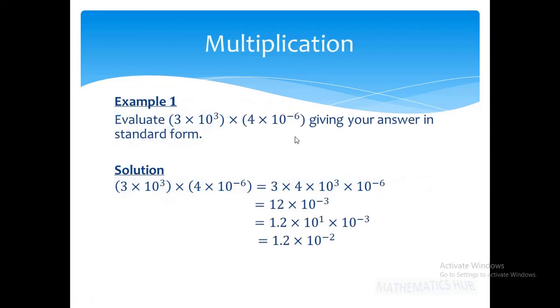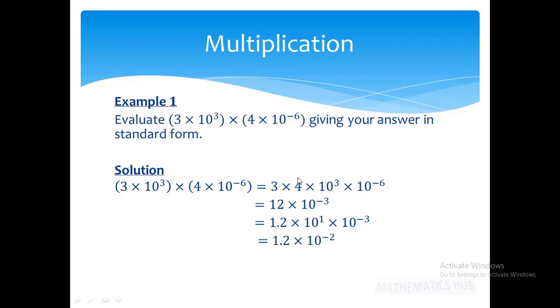Here now we want to look at multiplication involving numbers in standard form. Our question is saying, evaluate 3 times 10 to the power 3 times 4 times 10 to the power minus 6, giving your answer in standard form. So we are going to do our calculations and we make sure our final answer is in standard form.